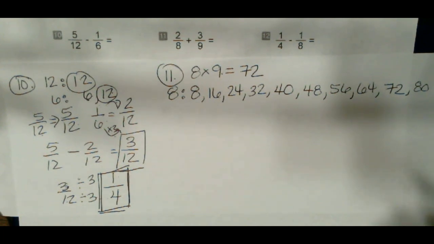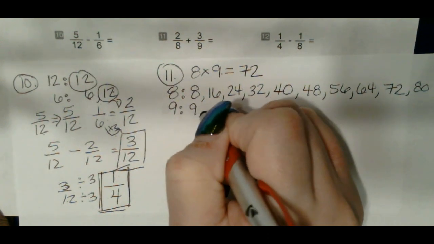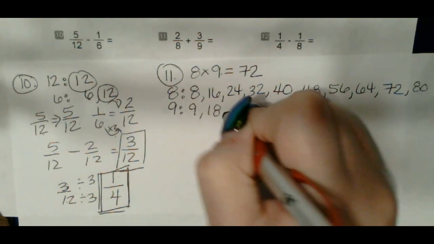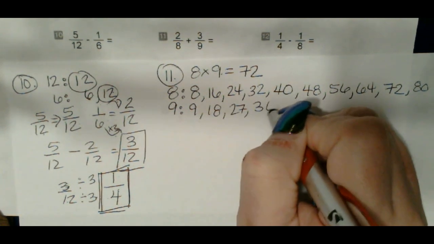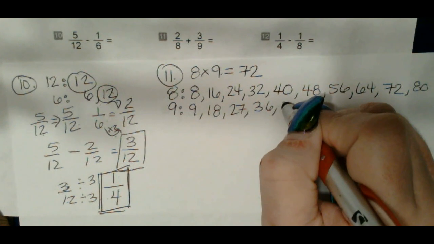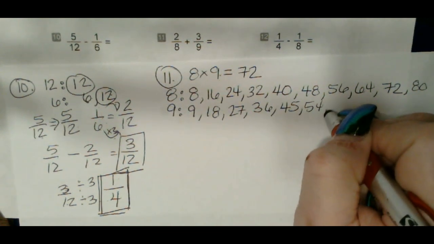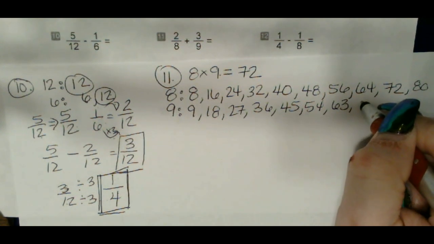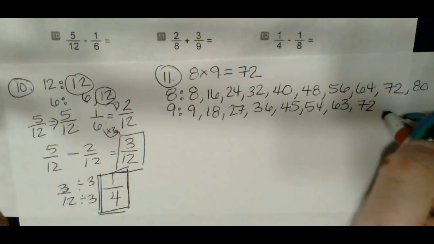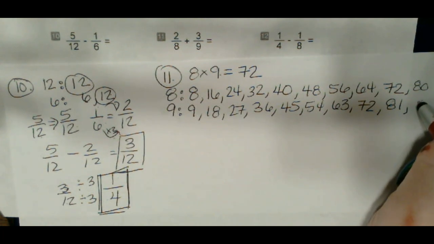All right, let's write our 9s. 9 times 1 is 9. 9 times 2 is 18. 9 times 3 is 27. 9 times 4 is 36. 9 times 5 is 45. 9 times 6 is 54. 9 times 7 is 63. 9 times 8 is 72. 9 times 9 is 81. 9 times 10 is 90.